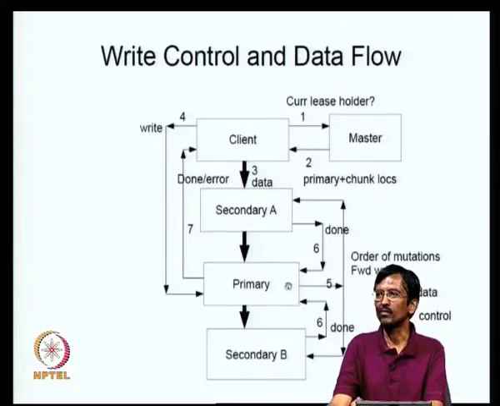There are multiple chunk writes going on, and that is what is being ordered. So, you have multiple concurrent writes going on, and you are ordering them, and each of the secondaries will apply those updates in the same order. So, every client will see all the updates in the same order.